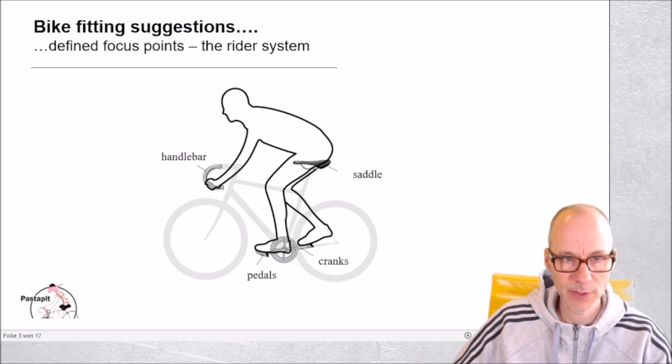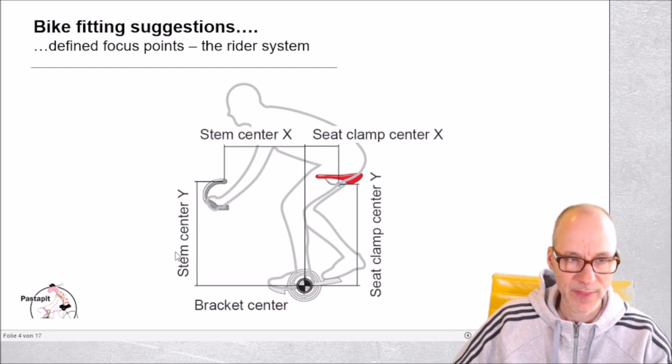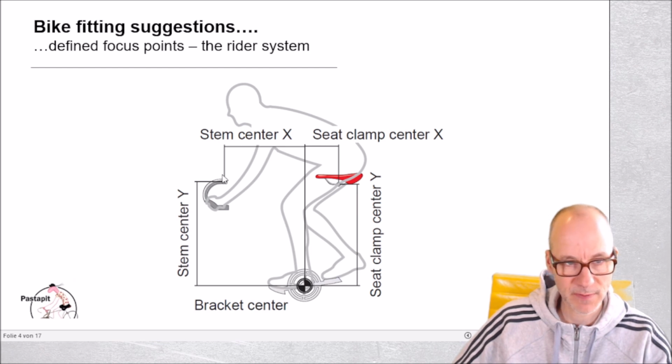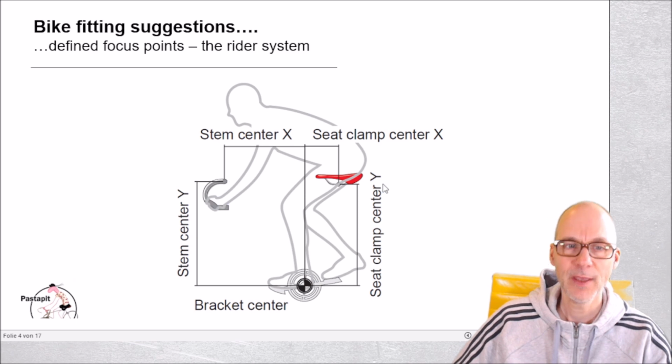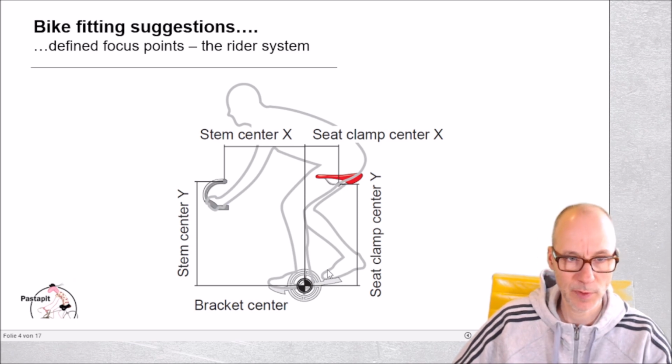If we do it like that, it's easy to describe where we have our concrete points we are focusing on, because that's basically the clamping point of the handlebar, and the clamp point of the saddle in relation to the bracket center.